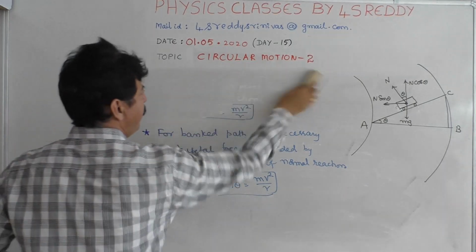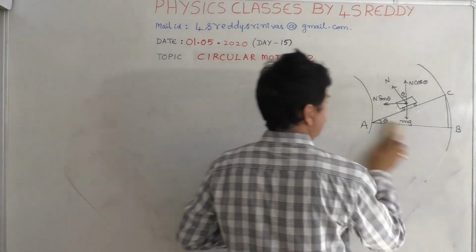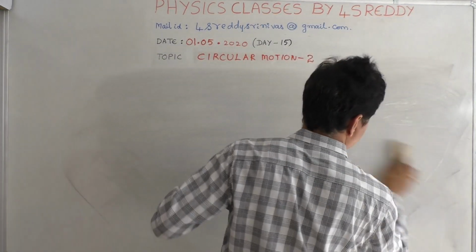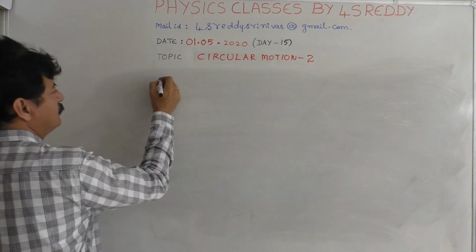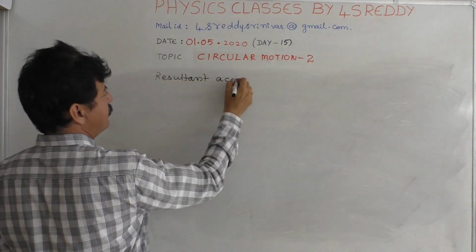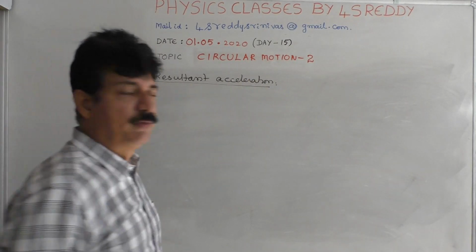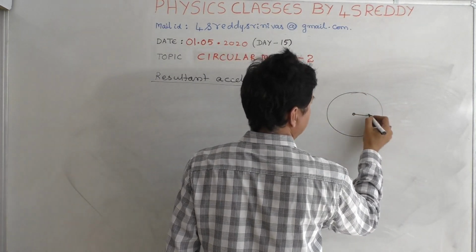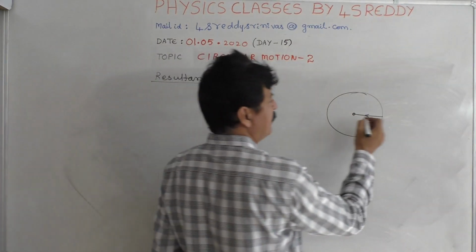And after that, resultant acceleration. Generally, whenever an object is in circular motion, it always experiences an acceleration directed toward the center, the centripetal acceleration.